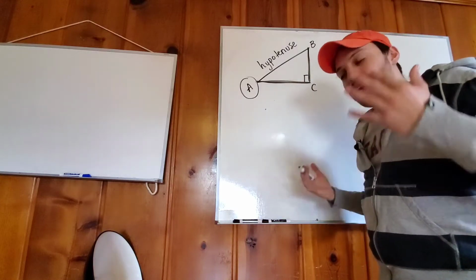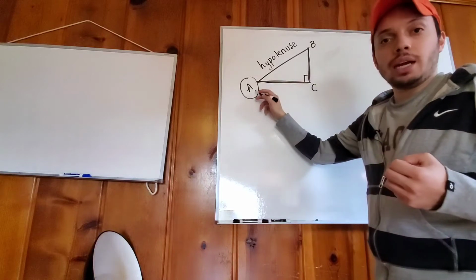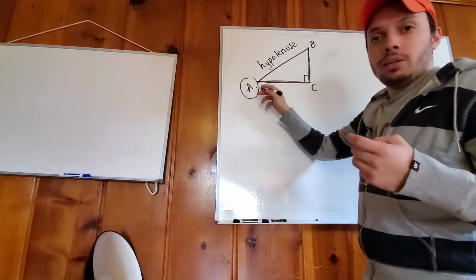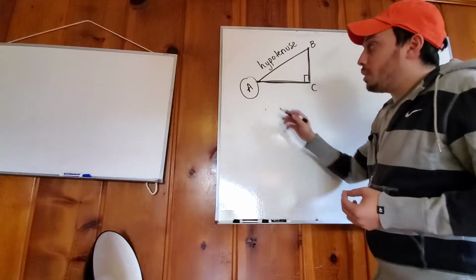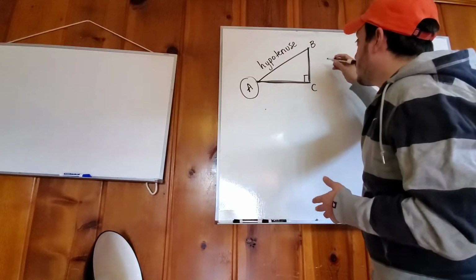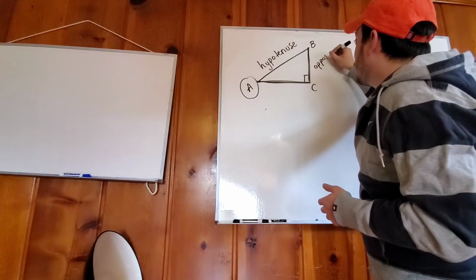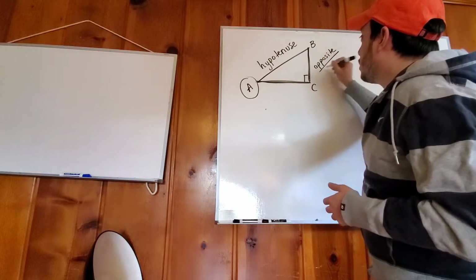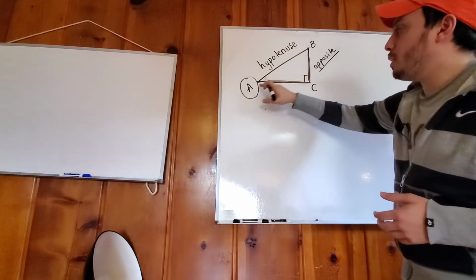What is the relationship between side BC and angle A? The relationship is that the opposite side to angle A is side BC, because it's opposite.